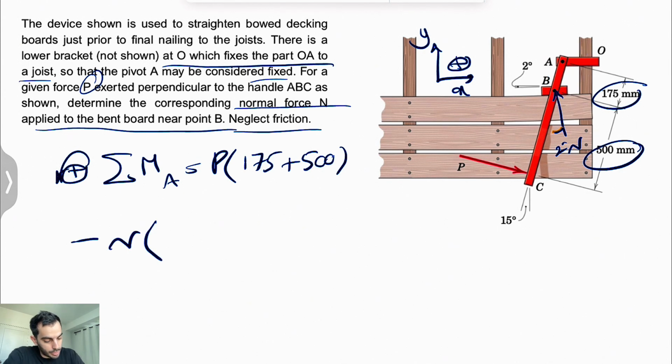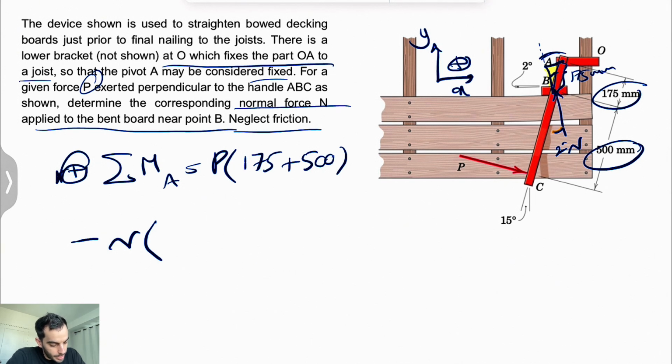Now this is the trickiest part of the question, where we need to find the vertical distance from A to the line of action of the normal force. If we continue the line of action, we make a right triangle, which I'm going to highlight in yellow. The hypotenuse of this right triangle is 175 millimeters, so as long as we can find this angle, the sine of that angle gives us the distance we are looking for.